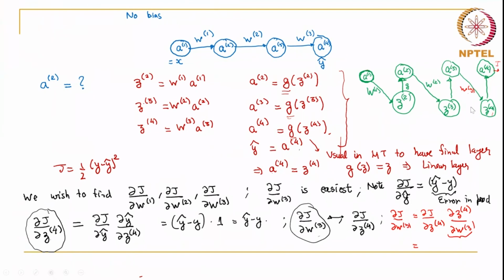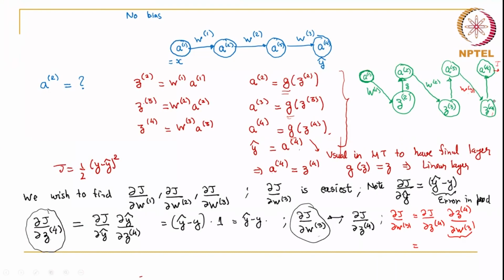So del J del W3, this is what we want, equals del J del Z4 into del Z4 del W3. Let's call del J del Z4 delta 4. Del Z4 del W3, what is this equal to? This is A3, you can see this from here.